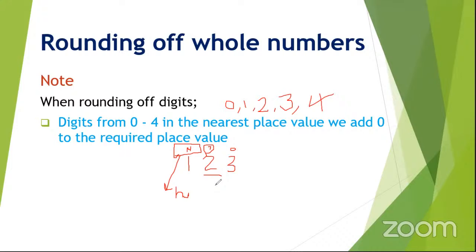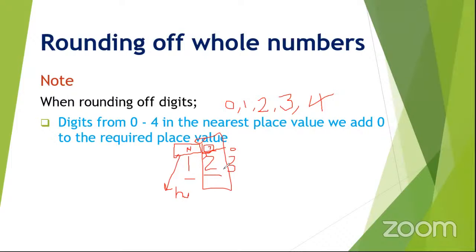So the digit to the right side, because the right side of hundreds is tens. The digit to the right side of the rounding digit, that is tens under this place value here.